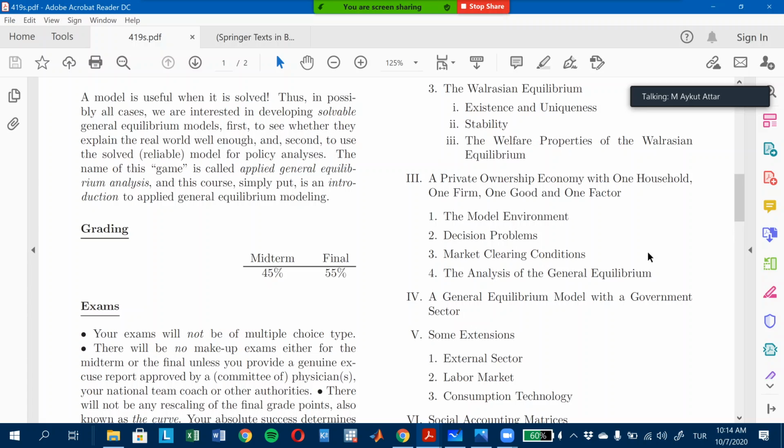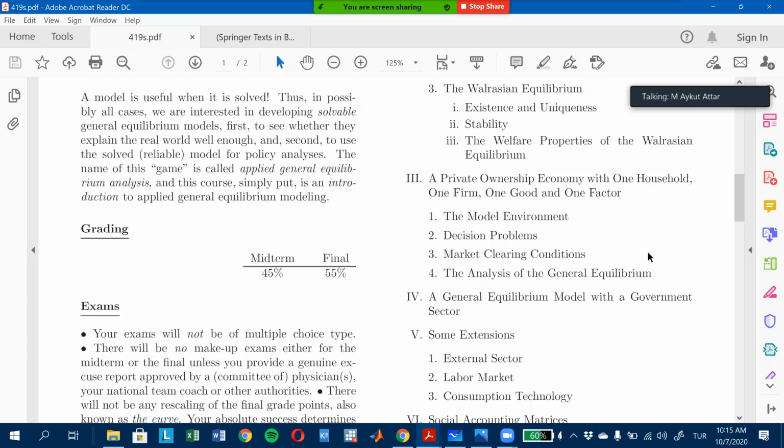Because in part 4 we're going to go back to the textbook and we're going to study a much more realistic model, still perhaps not very realistic in some aspects, but it will have households, firms, a government, etc. So it will have, of course, multiple households, multiple firms that produce multiple goods, and one government that taxes the firms or the households and then distributes the tax income through transfers.